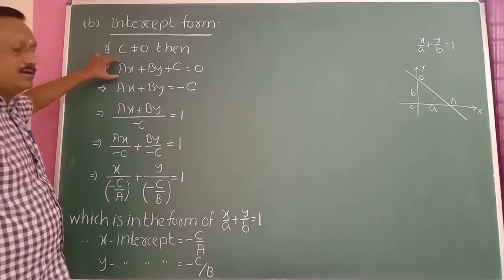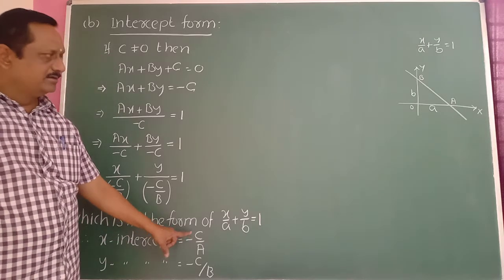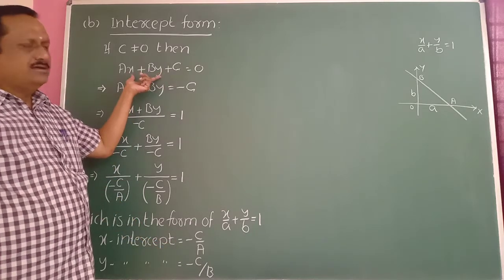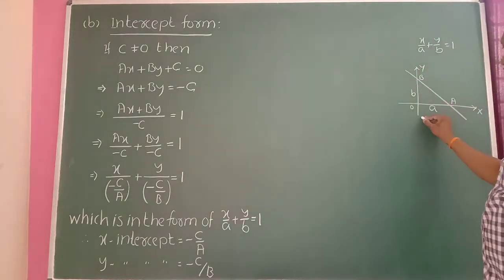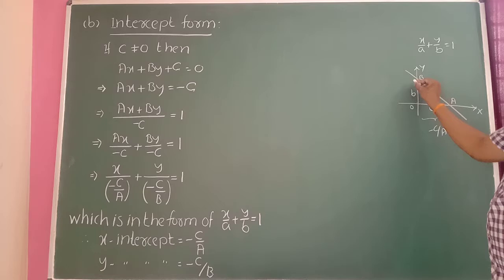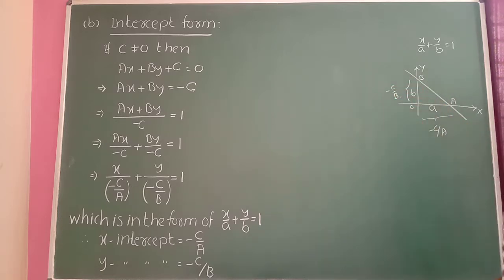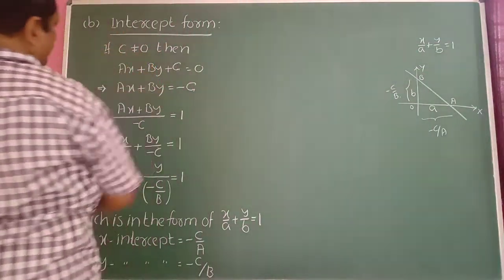So if this is a general equation, then minus c upon a is its x-intercept, minus c upon b is its y-intercept. This distance is minus c by a, and this distance is minus of c divided by b. Okay, here c is not equal to 0.